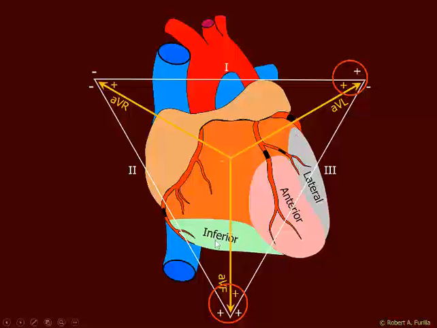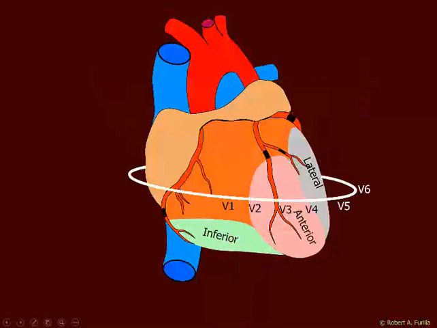The inferior wall of the ventricles is pointing toward the inferior leads, 2, 3, and AVF. Looking at the chest leads, we can see that V5 and V6 are facing the lateral wall, V2, 3, and 4 are facing the anterior wall, and if I put the septum in here, V1 and V2, the septum.